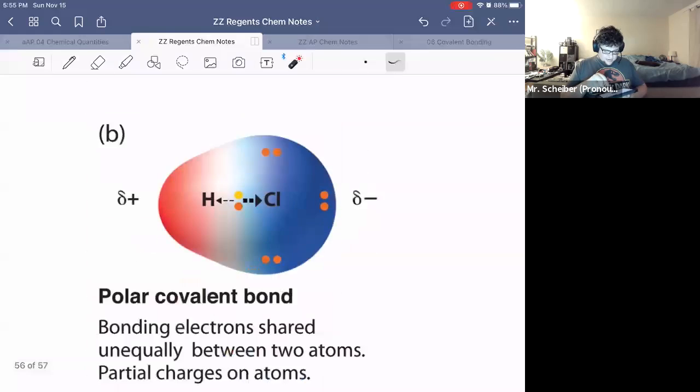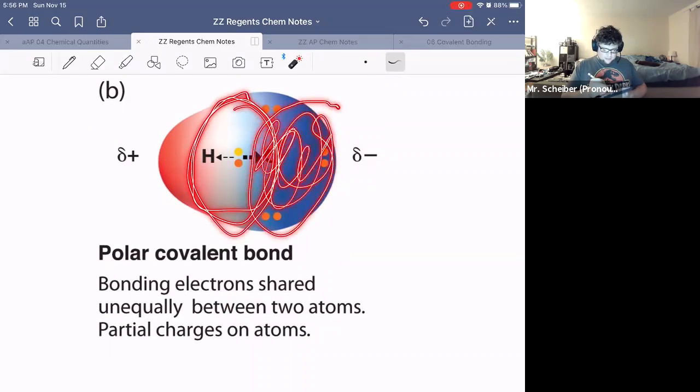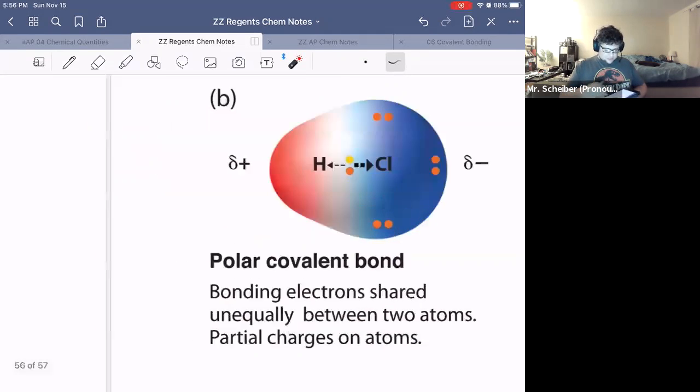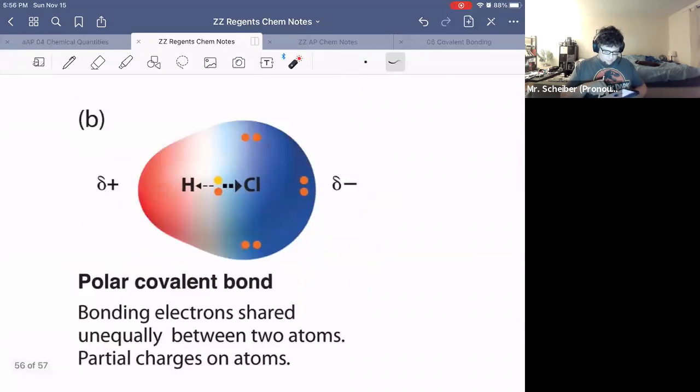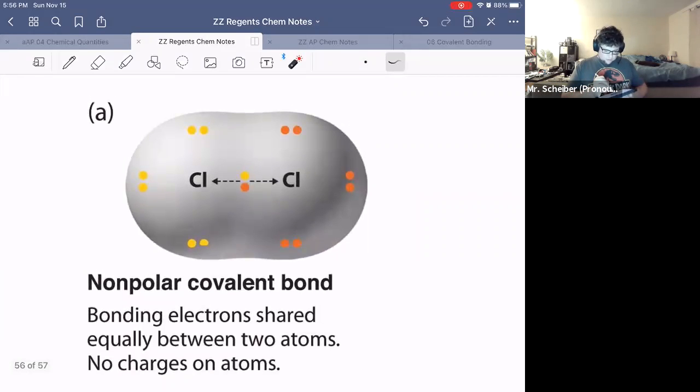If we were to look at HCl, once again, we have this blended area where there is definitely polar in that we have all of this negative over here and this positive over here. You can see the sides, negative, positive, but it's still not split. It's not two circles. It's one big blob. Whereas for a regular old non-polar covalent bond, we can see that this charge is split evenly throughout.